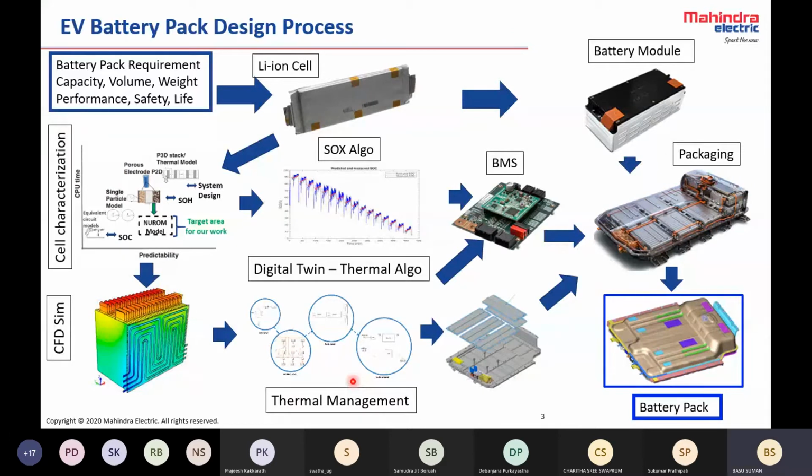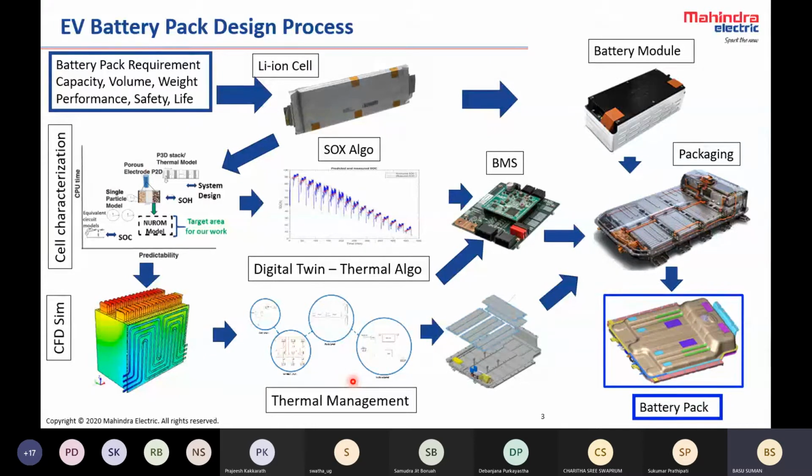The reason is simple. To manage a battery pack thermally, it needs energy. Now, where will the energy come from? When the vehicle is running and I need to thermally manage the battery, I will have to draw energy from the same battery pack. So I should not overcool a battery pack, because that means finally the vehicle's range is coming down.